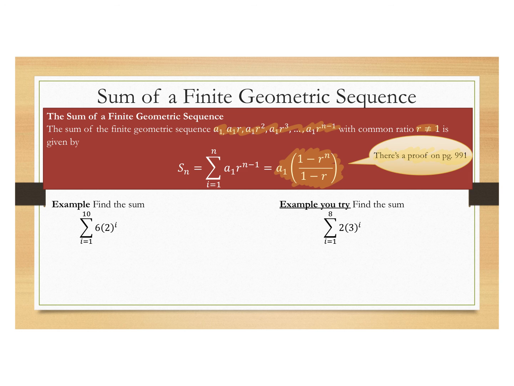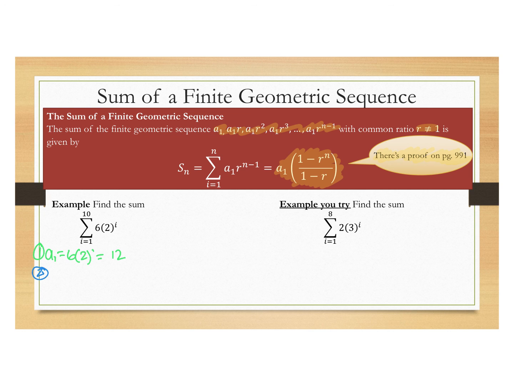So if we look at our next type of problem, this time we're looking at something in summation notation already. So the first thing we'll do is we'll find that first term. So our first term is 6 times 2 to the first power, which in this case is 12. We'll need to identify our common ratio. That would be our next step.